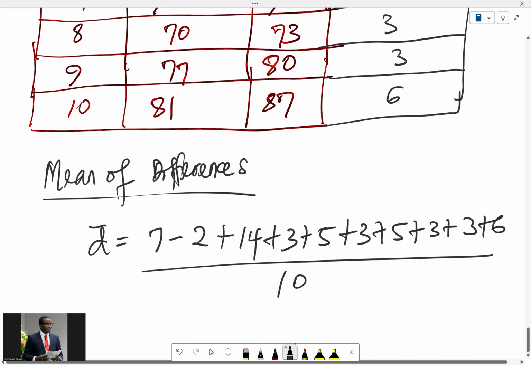Yeah, so 7 minus 2 is 5 plus 14, 19 plus 3, 22 plus 5, 27 plus 3, 30 plus 5, 35 plus 3, 38 plus 3, 41 plus 6, 47. Have I done something wrong?